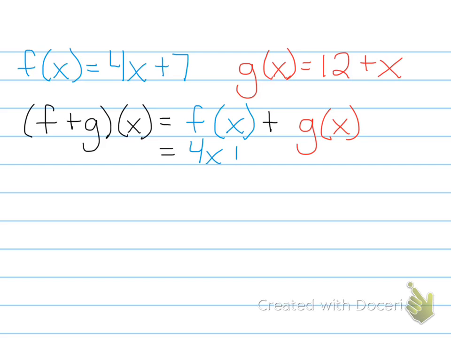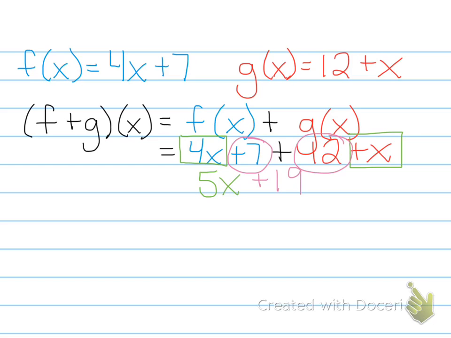Or, in other words, I'm going to take 4x plus 7 plus 12 plus x. So then really all I have to do is just simply combine like terms. So 4x plus x gives me 5x, and then 7 plus 12 gives me a total of 19. So the final answer for the f plus g of x function rule is 5x plus 19.